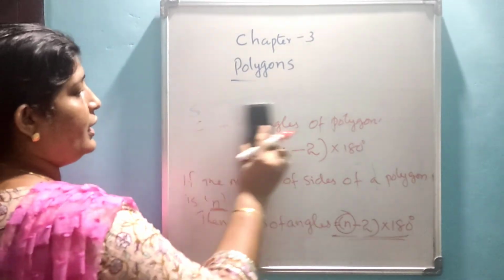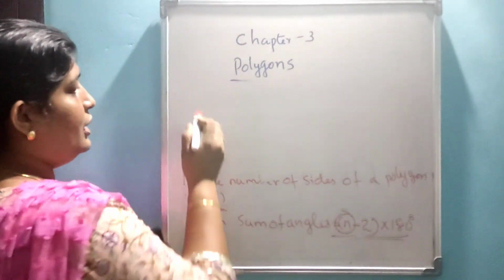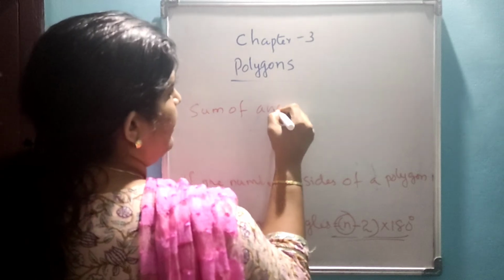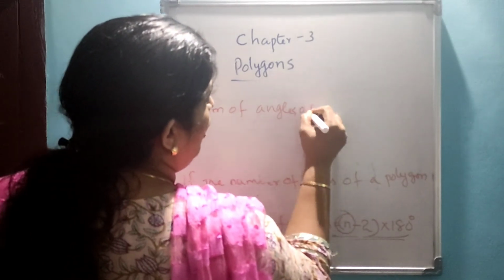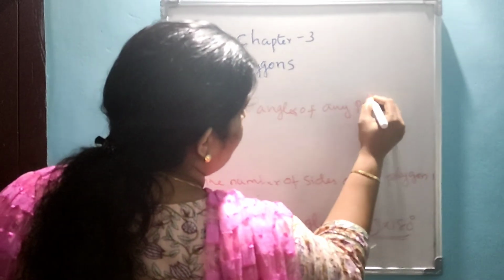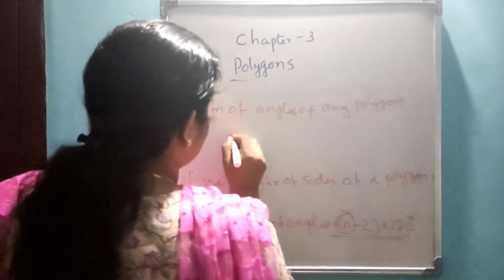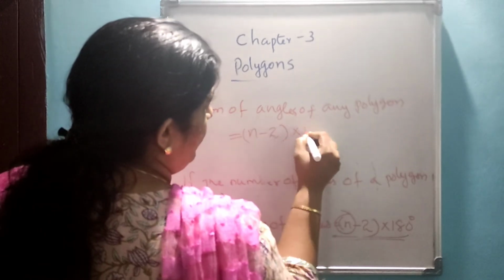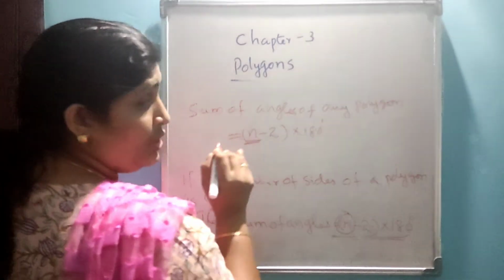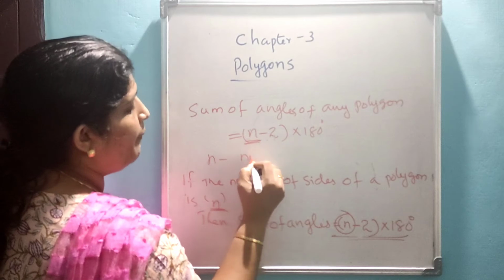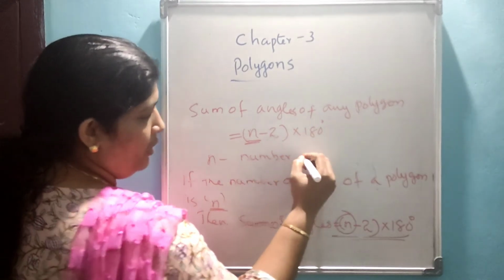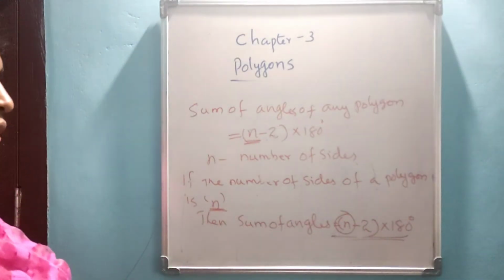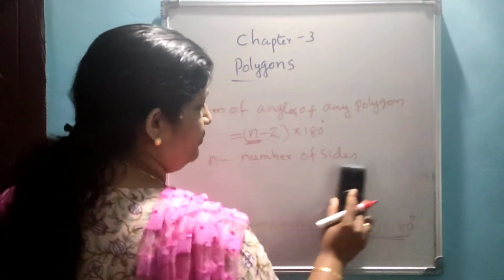And what is this n actually? n is the number of sides of the polygon.